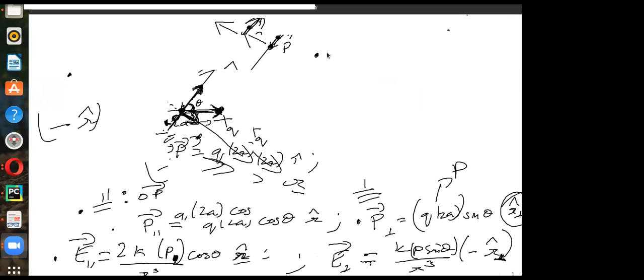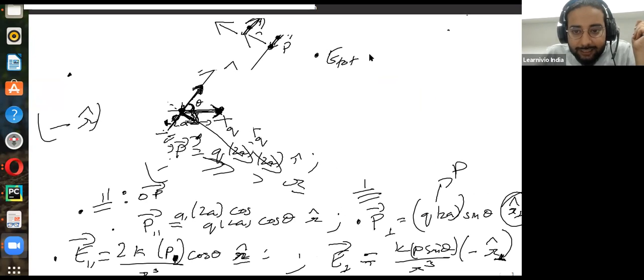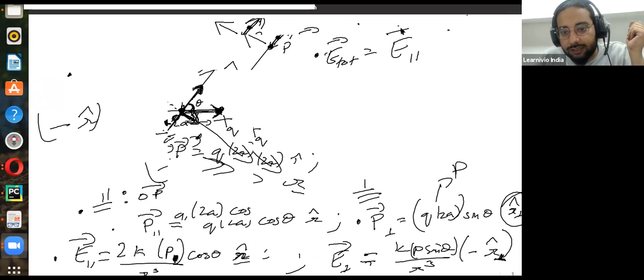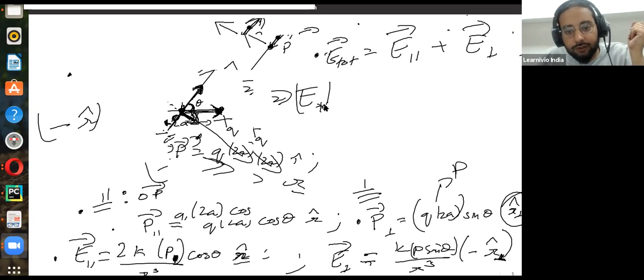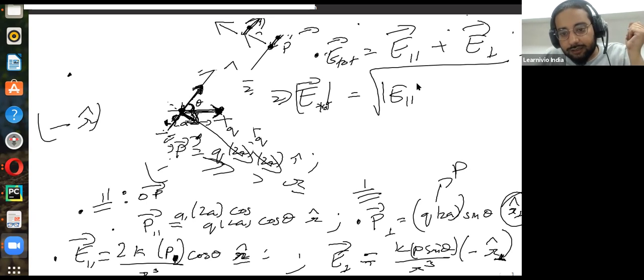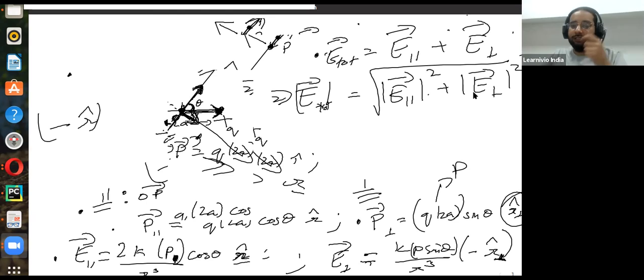Yes sir. Lovely. So let's calculate the E total. The vector form of this will just be E parallel plus E perpendicular, correct? So the magnitude E total is going to be the square root of E parallel vector squared plus E perpendicular vector squared, and these are all moduluses.